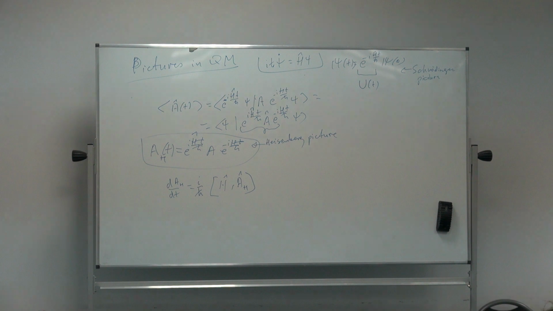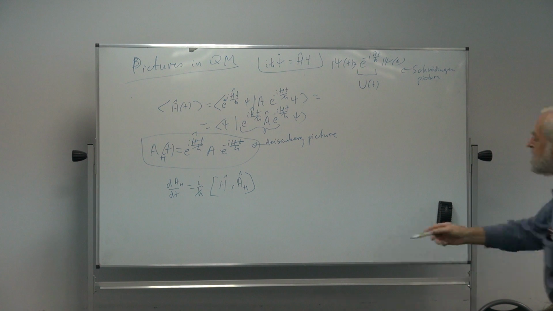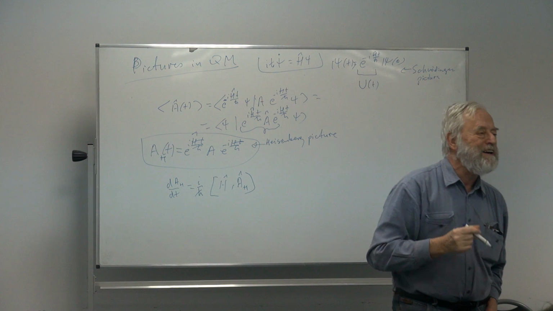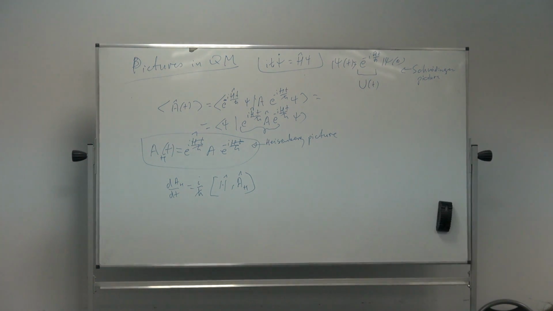Now, if this is the way you describe dynamics in classical physics, then your equations would look almost identical. Of course, in classical physics there is no room either for i or for h bar. But if you just remember to replace commutators by Poisson brackets, which, by the way, obey exactly the same algebraic properties, then it is just the same.